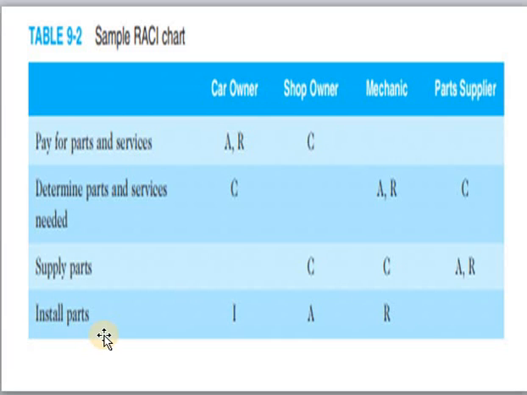In the install parts activity, the car owner should be informed about installing the type of parts and detail of each part, and the shop owner is accountable for installing the relevant and accurate parts, and the mechanic is responsible for the installation of these parts.